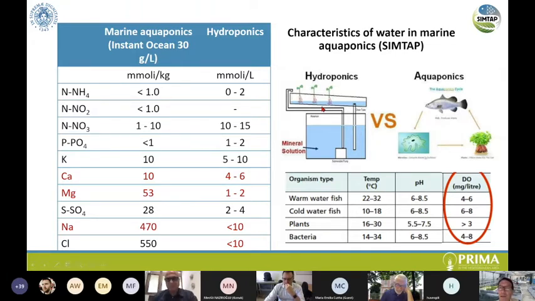There are some main differences between freshwater aquaponics and marine aquaponics. That is the one we are conducting experiments on.